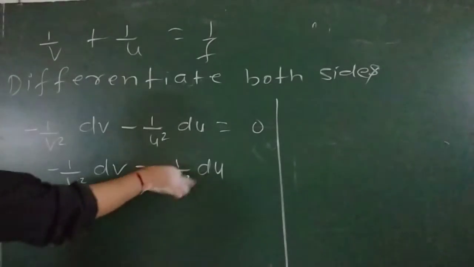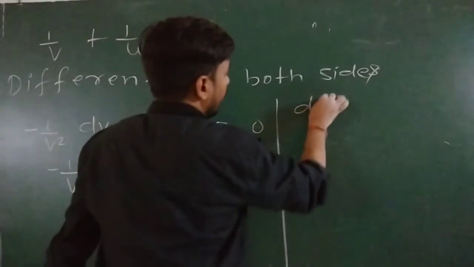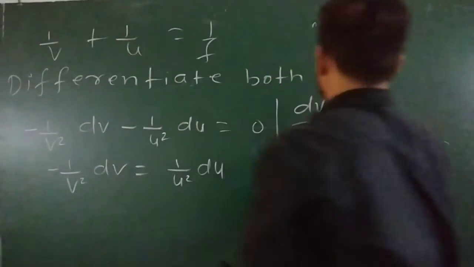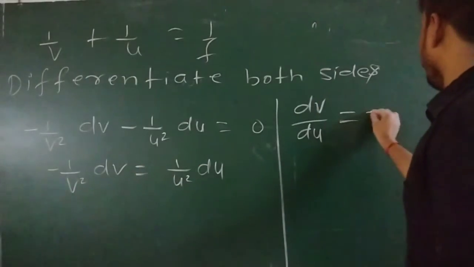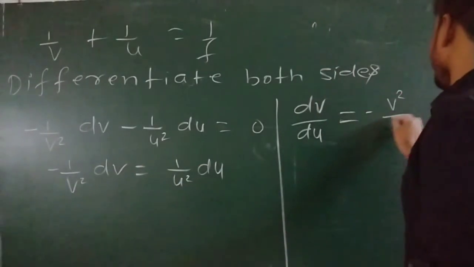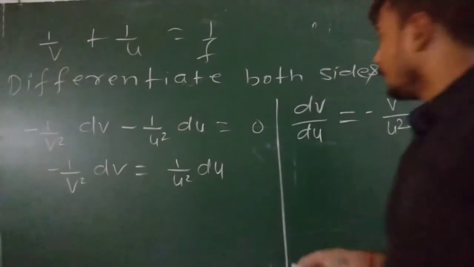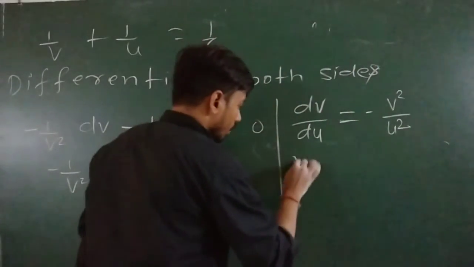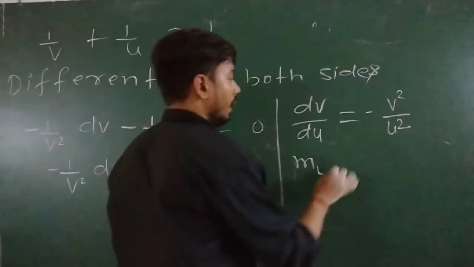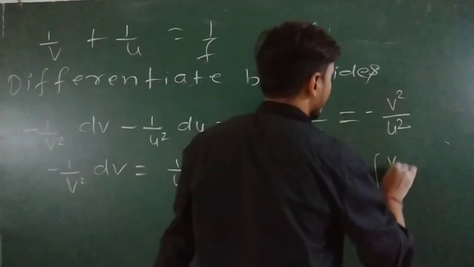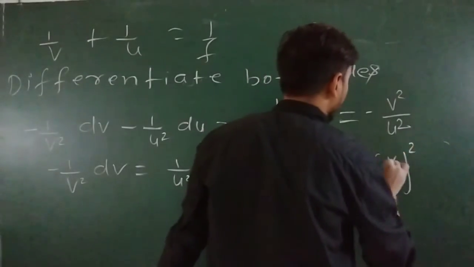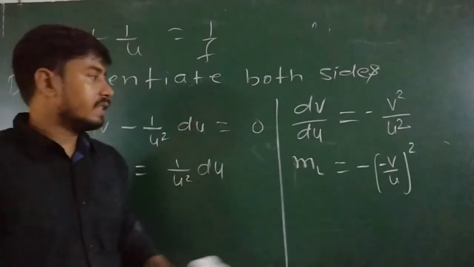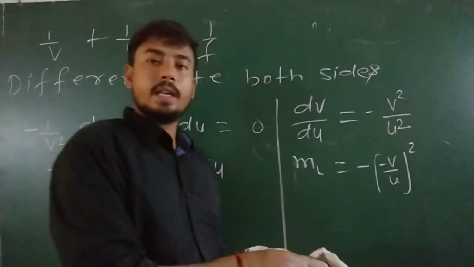So see, dv by du is equal to minus v square by u square. This is what? Longitudinal magnification ml is equal to minus (v by u) whole square. You can put minus also. So this becomes transverse magnification.